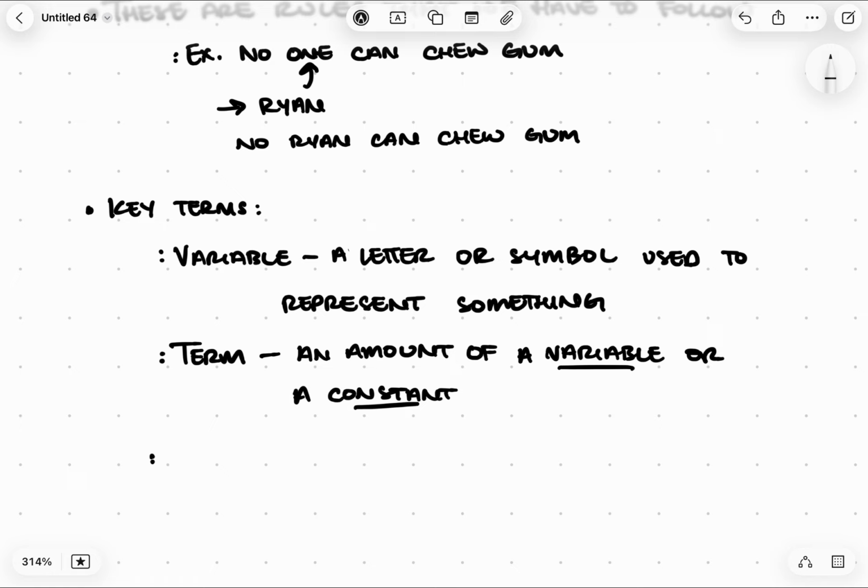That leads us to the last bit, which is, what is a constant? And that is the opposite of a variable. So it is a number that cannot change, or a number that will always remain the same.